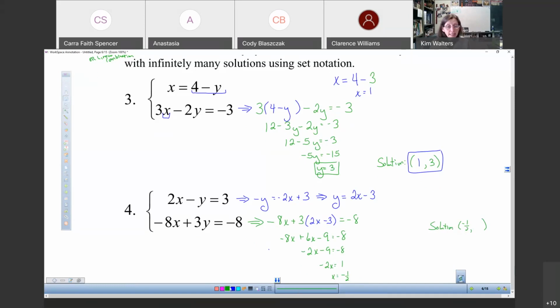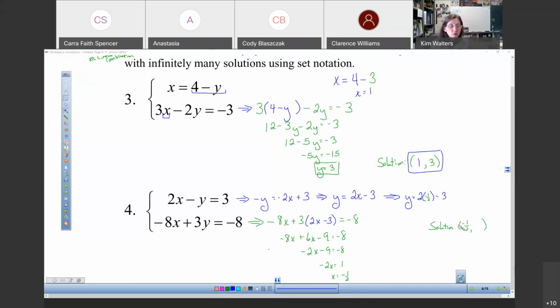We find the second component by taking this y equation and substituting in that negative 1/2. So 2 times negative 1/2 minus 3. And that does not look like a 1/2. I'm sorry about that. Here it goes, that's much better.